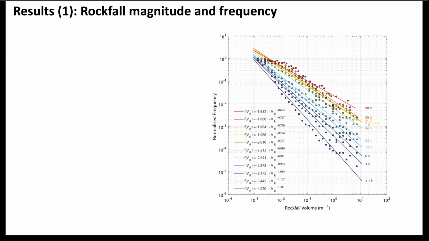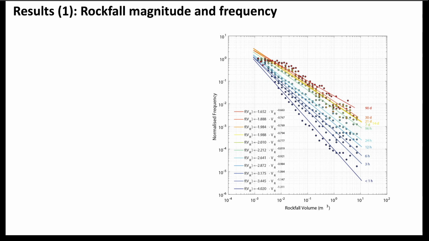The graphs on this plot are negative power laws fitted to subsets of our data, and the subsets have been sampled at different temporal frequencies of monitoring. The dark blue is every hour, through to the red, which is sampling every scan, or the scan taken every 30 days, or every 3 months.